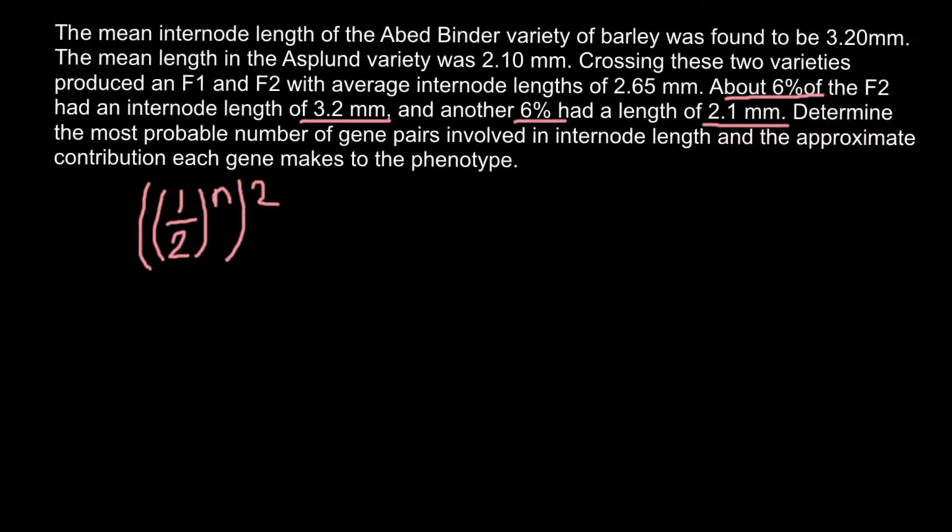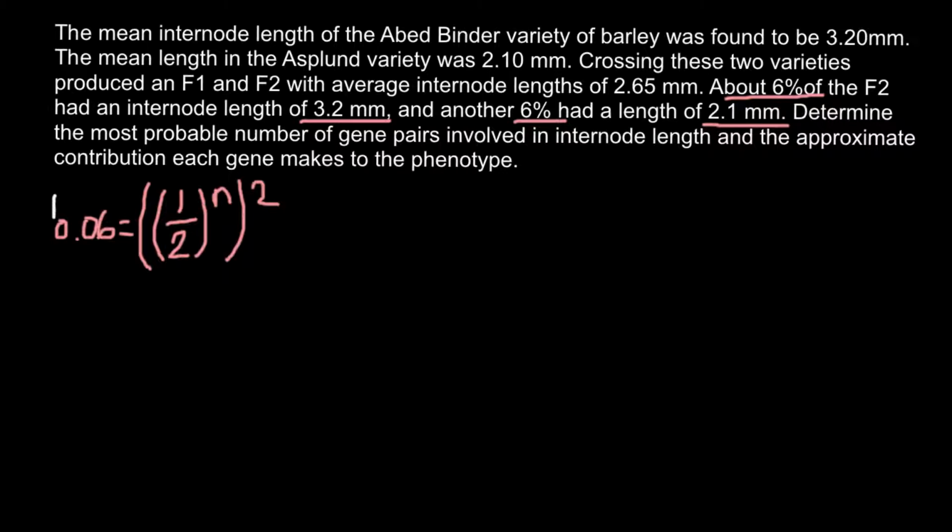So here on the left we can put the 6%, or we can convert this number to 0.06, that is the same. So here is the frequency of the extreme phenotype, and here is the formula we are going to use to find how many allelic pairs control this trait, internode length. In order to get rid of this square, let's take the square root from both sides.